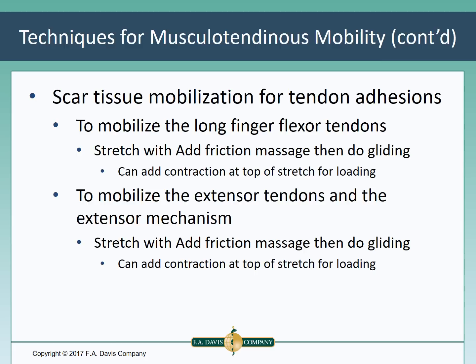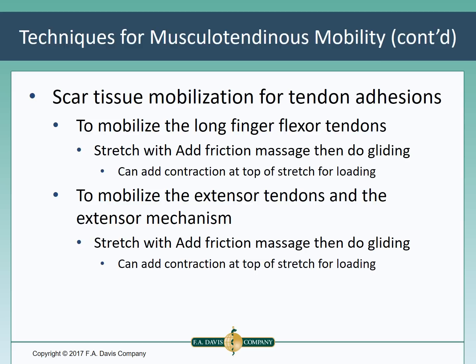When we want return to sport activities, we want to be cautious here with the extensor lag. If the extensor lag increases after you do these things, then the tendon distal to the adhesion, rather than the adhesion itself, may be stretching. So even though you're thinking, I'm stretching that adhesion, sometimes if you have an area of hypomobility, you may get a little more stretch or hypermobility at the places above or below it.